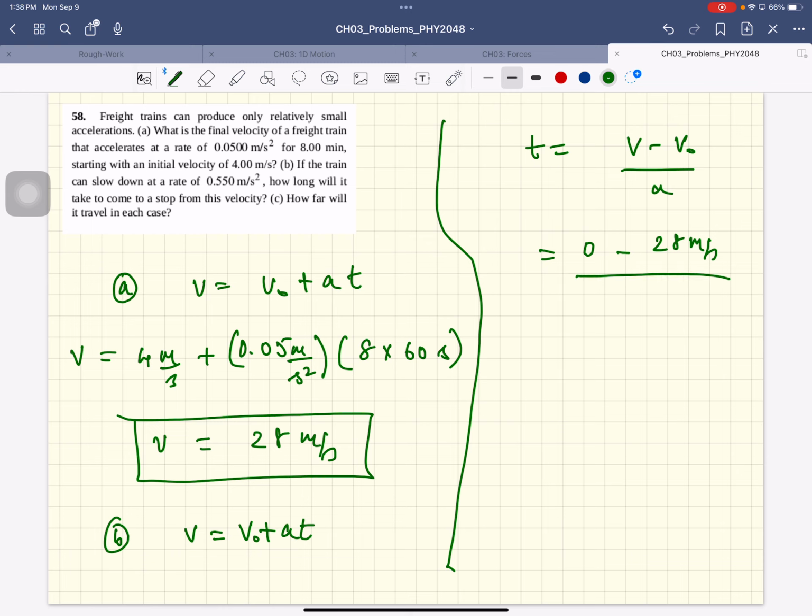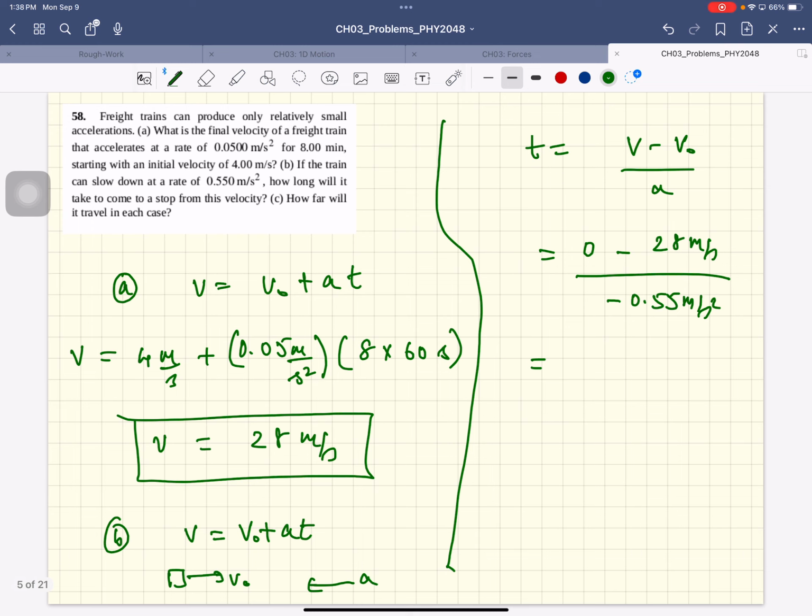And your acceleration, so you were traveling in this direction, okay. And if you're braking, your acceleration is in that direction, and it's negative 0.55 meters per second squared. Okay, meters per second will cancel, and you'll be left with seconds.